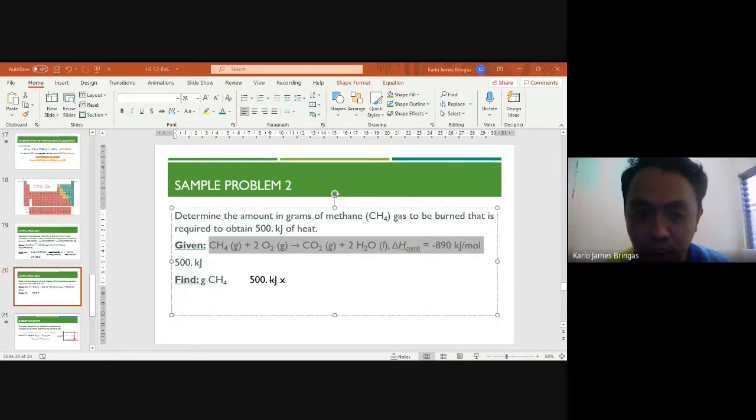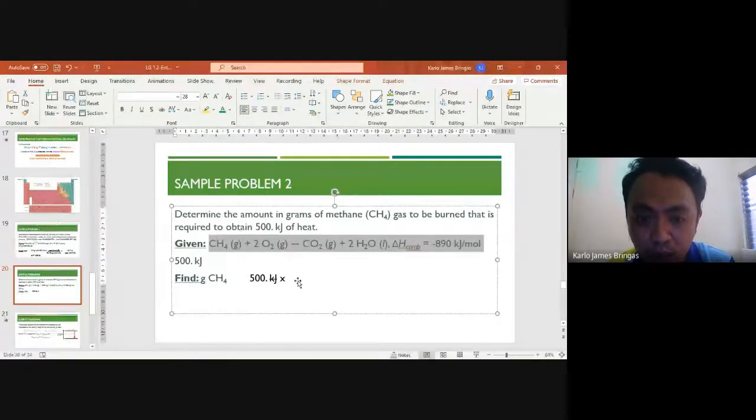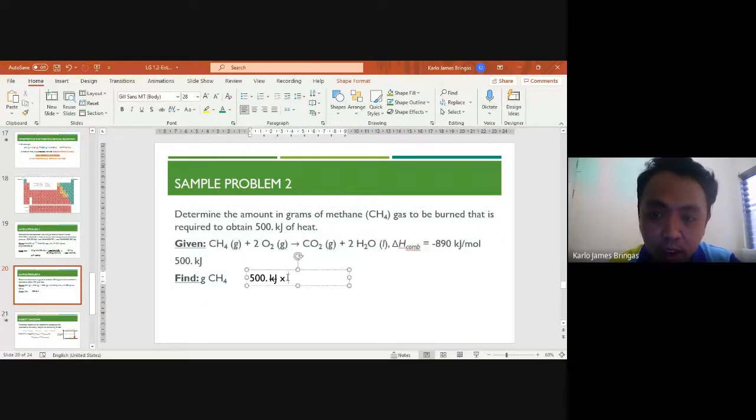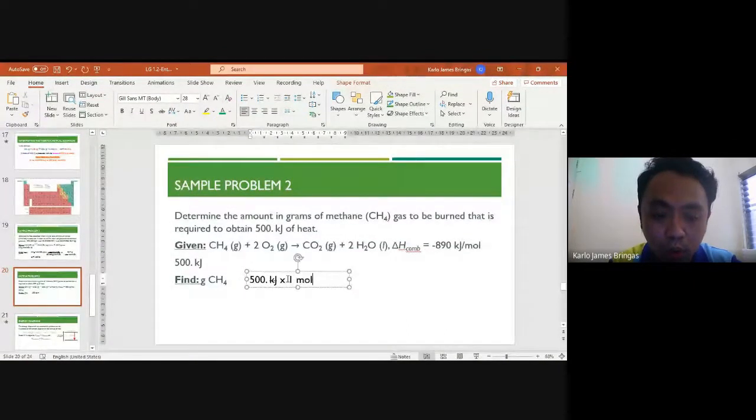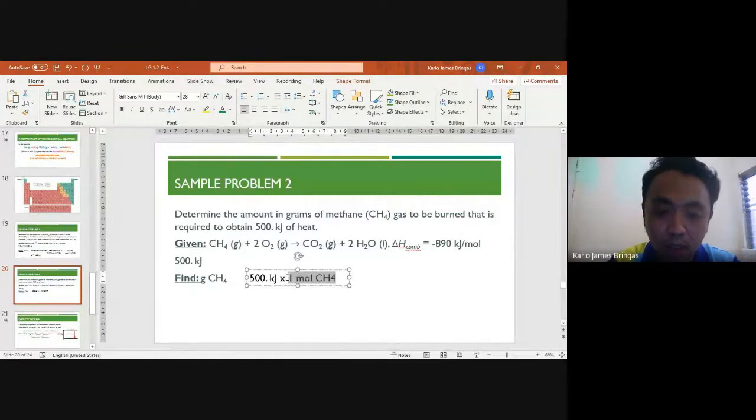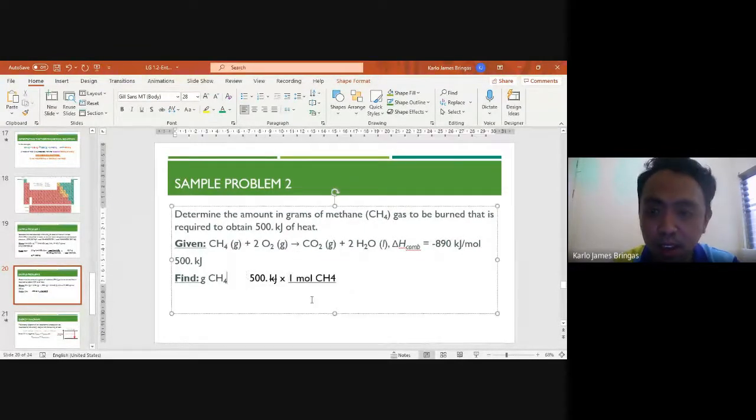Okay, so Jamir has already typed the complete one. So that one is correct naman ano. If we type that one in, we will now see na by typing 1 mole of CH4 as Jamir has written down and divide it by the 890 kilojoule.